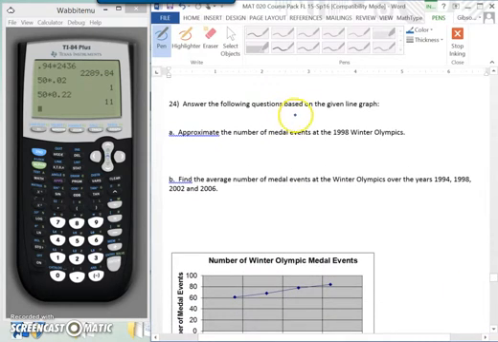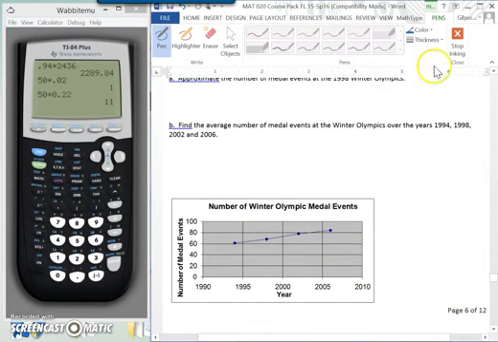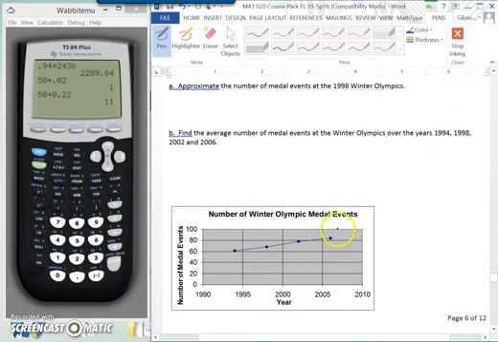It says, answer the following questions based on a given line graph. Now, we had a line graph down here, and it's talking about the Olympic medal events from 1990 to past 2005. It says approximate the number of medal events at the 1998 Winter Olympics. So we look here. We have 1995, and from 1995 to 2000.